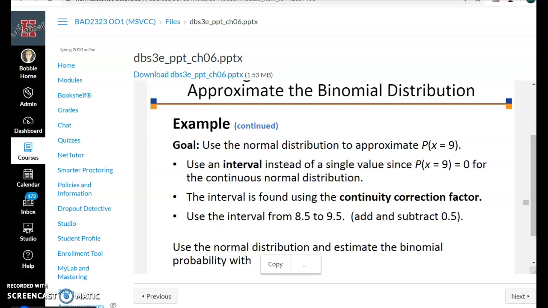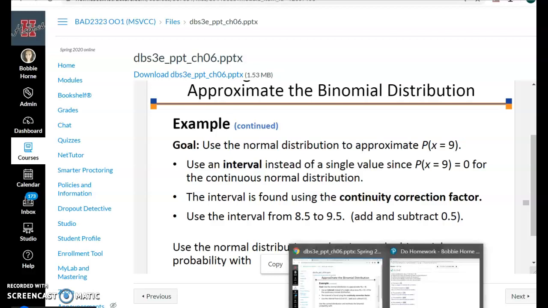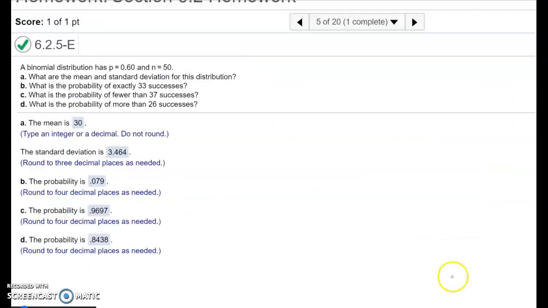And this interval is found using what we call the continuity correction factor. So what you're going to do is you're going to take your value that you're trying to find and you're going to add and subtract 0.5 from it. So this is called CCF, continuity correction factor.